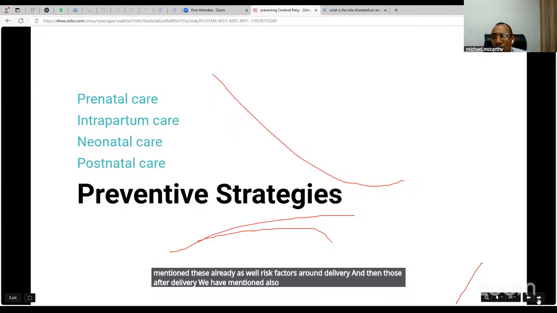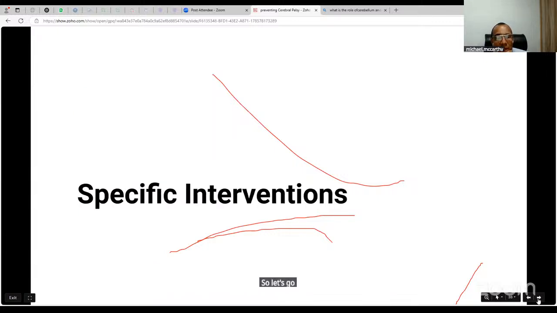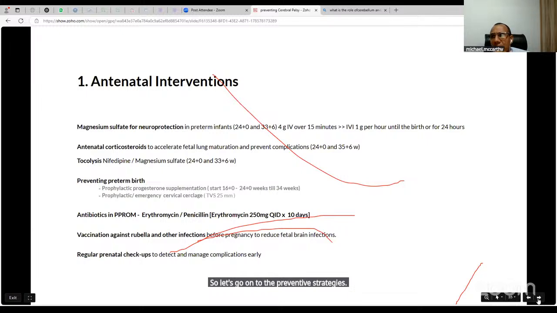So let's go on to the preventive strategies. We want to, as much as possible, increase the gestational age at delivery so as to avoid the risk factors and therefore escape the causes of CP.